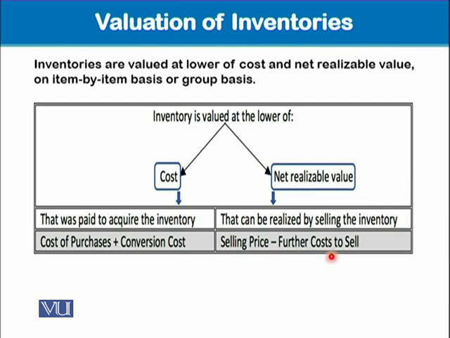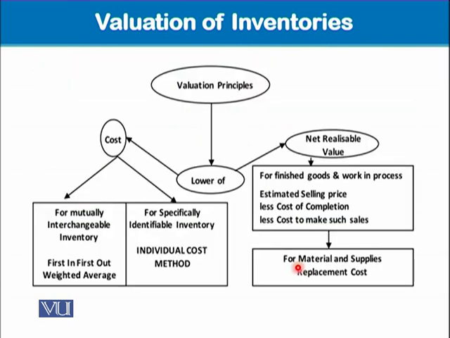We have discussed its definition in detail, that further cost to sell includes the cost of completion and the cost of making such sales. This diagram is very important, in which we see that the valuation principle is that it should be the lower of the cost or the net realizable value.